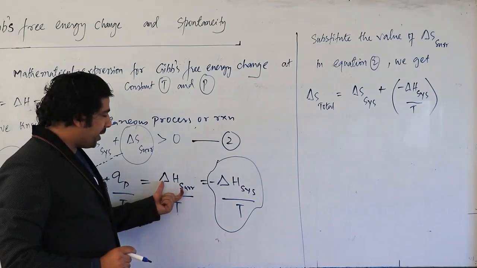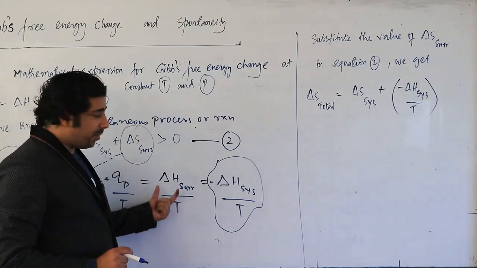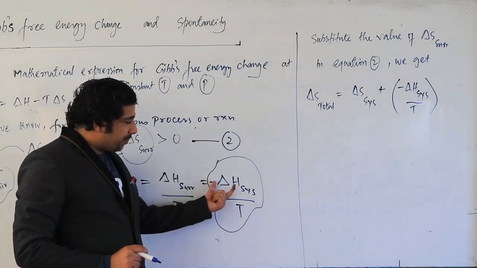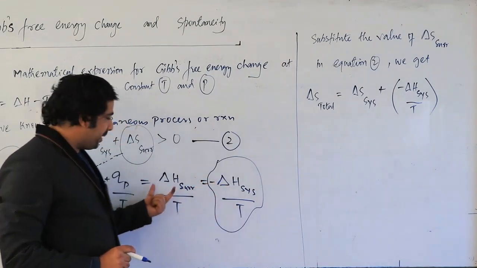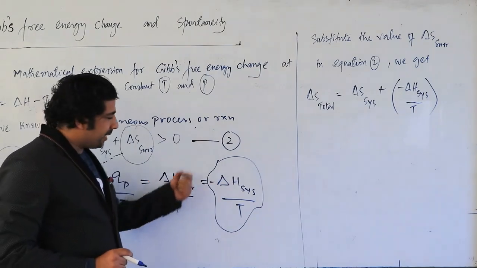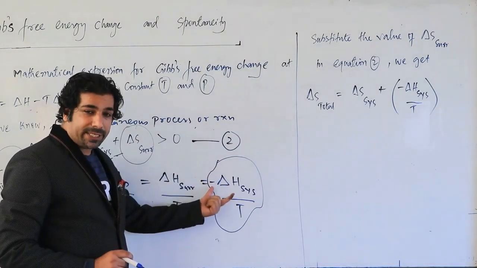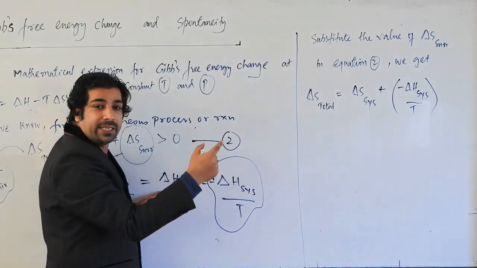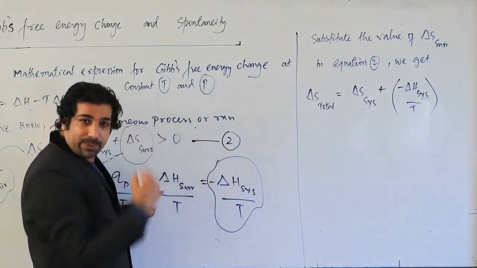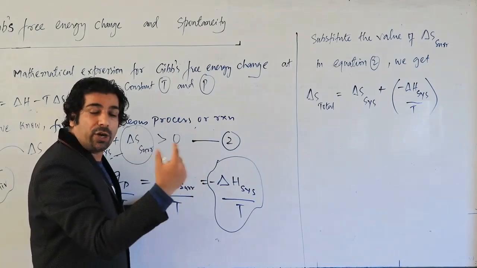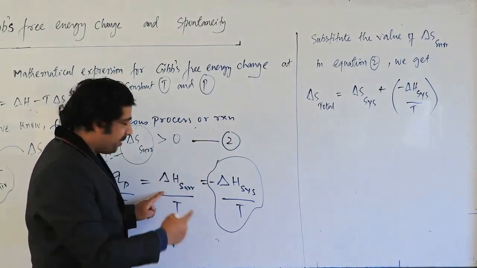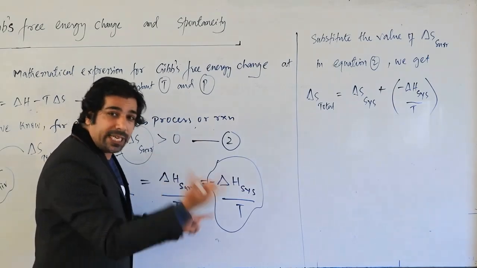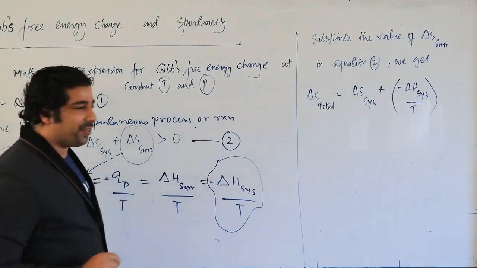Now the enthalpy change of surrounding at constant temperature will be equal to minus del H system upon T, because if the surrounding is absorbing the heat, then the system will lose the heat. That means the magnitude, the quantity, will be the same, but one is absorbing and one is losing, but the quantity of energy will be the same. If the surrounding is absorbing 10 joules of energy, then the system will lose 10 joules of energy. Only the sign will be different, my dear friends.